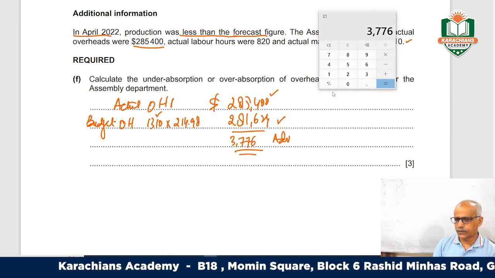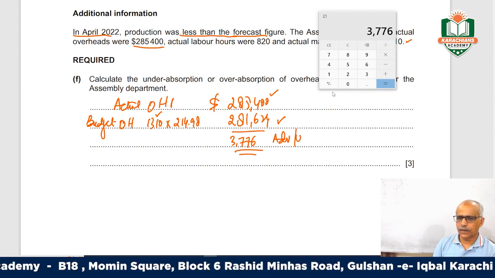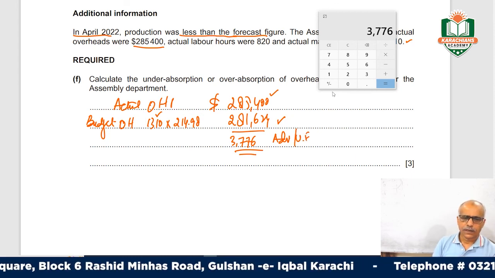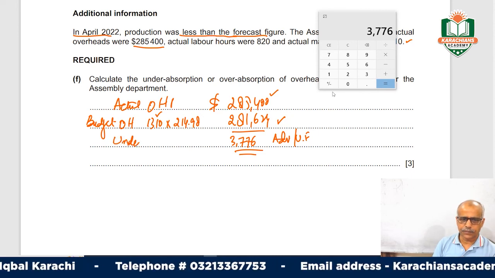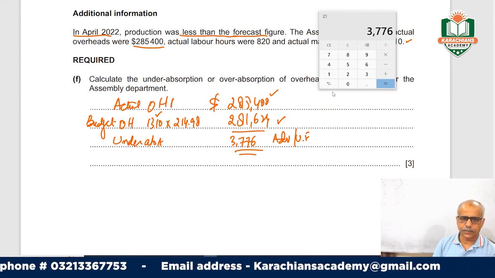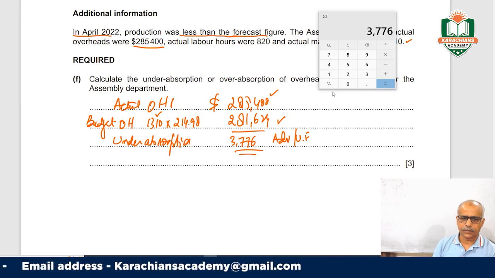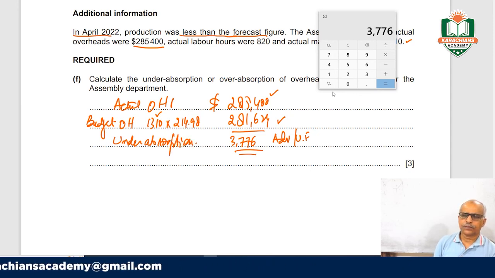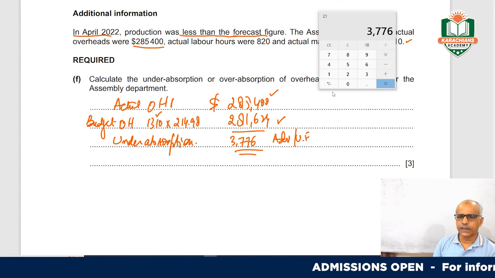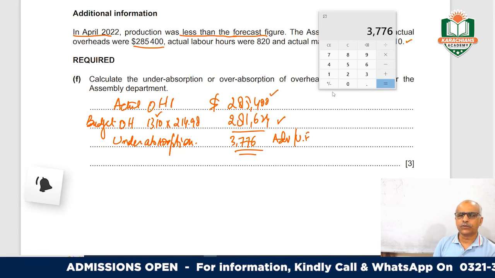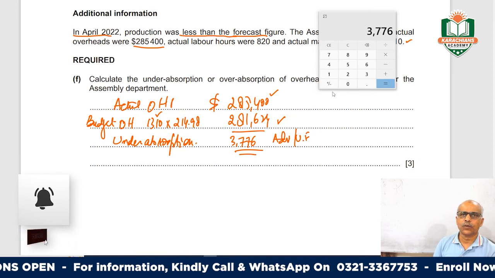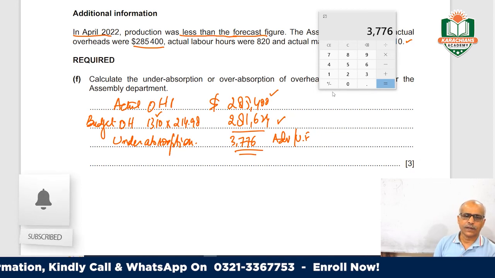This is adverse or unfavorable. So this is under absorption, right? Their estimate while making the budget was 281,000, but actually they have spent more. So this is under absorption.